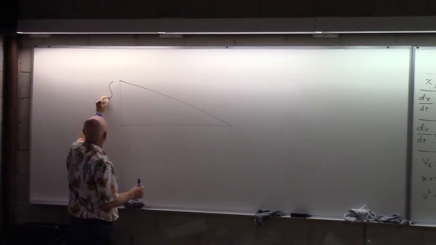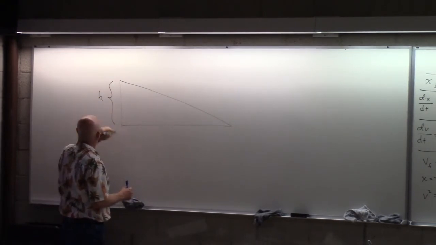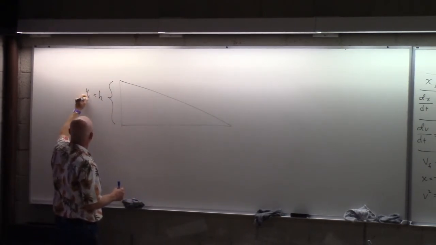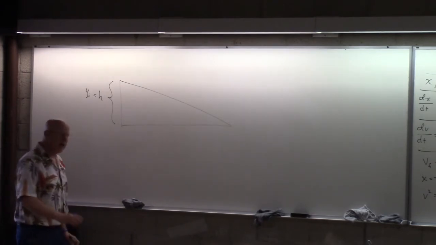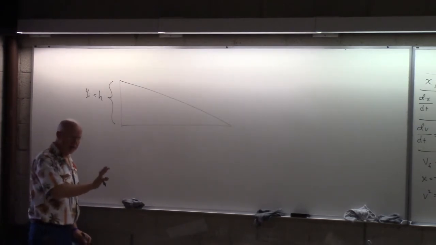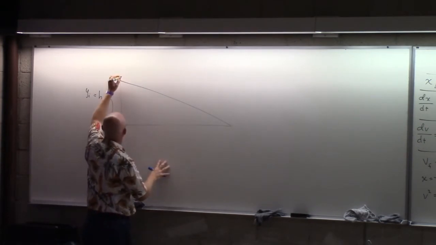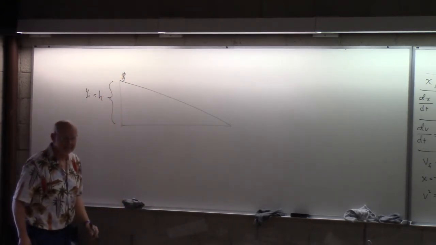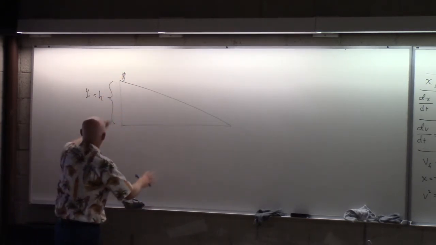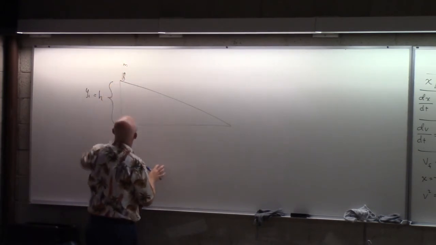Let's just say we start at some height h, or maybe I'll just say y initial. Let me not give a shape or anything to my object at the top. I have an object at the top.